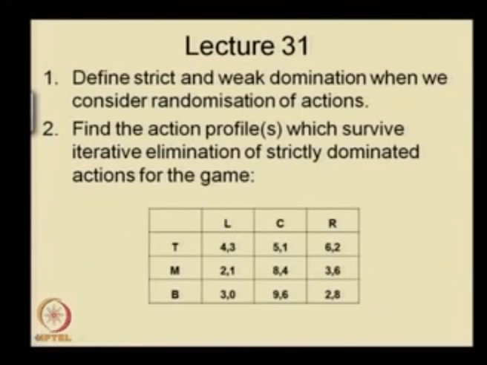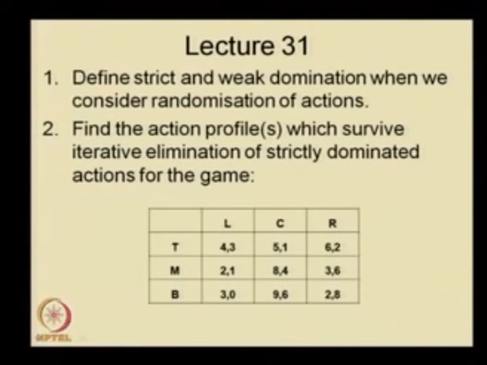Find the action profiles, second question, which survive iterative elimination of strictly dominated actions for the following game. So, let us write down which are the actions which are strictly dominating other actions.